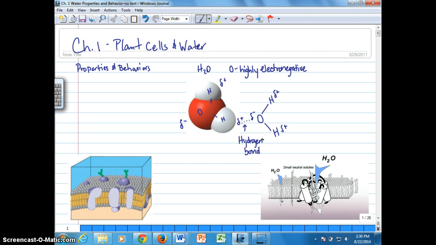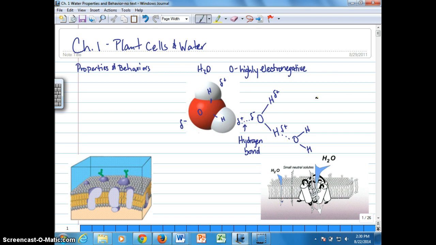A lot of the behaviors that we're going to be talking about are based on the fact that hydrogen bonds form between water molecules. If we were to draw another molecule nearby, we would again draw the oxygen end here, hydrogen and hydrogen, and there'd be another hydrogen bond that forms there.